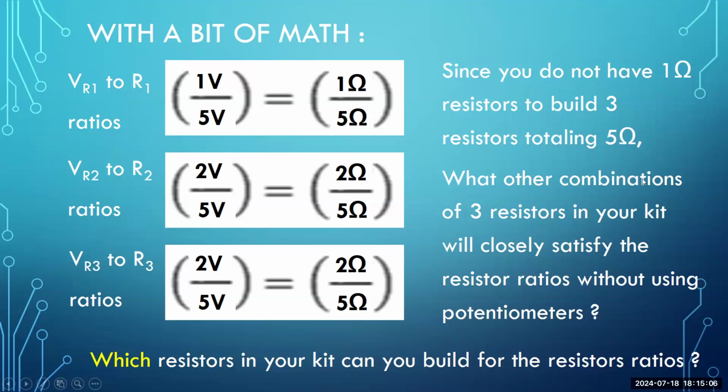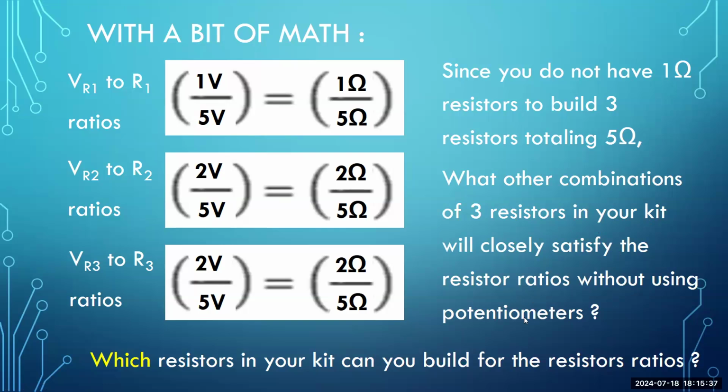So what other combinations of 3 resistors in your kit will closely satisfy the resistor ratios without using potentiometers? We went through an extensive discussion about potentiometers in a previous training video, but we're not going to use potentiometers in this case. But if you haven't visited the previous training videos and you're wondering what the KOGUY is talking about with potentiometers, look up a previous training video of mine.